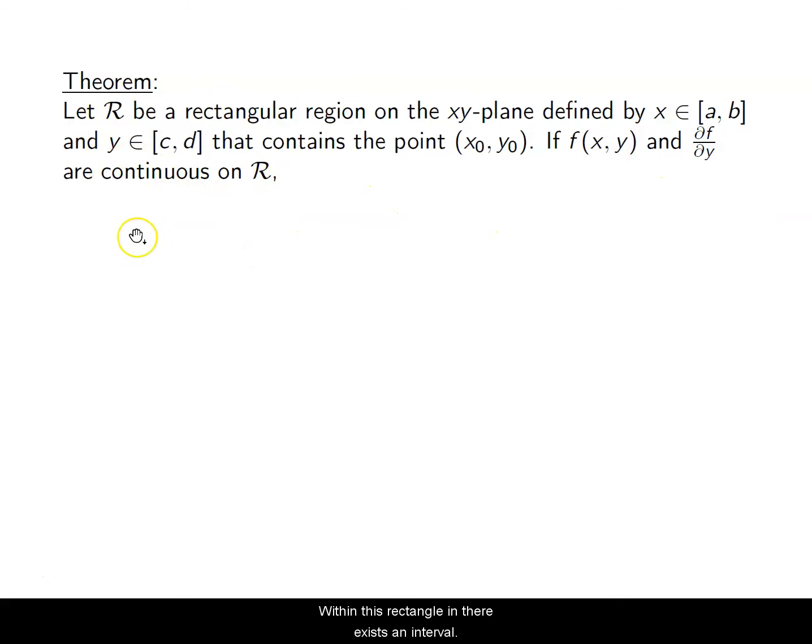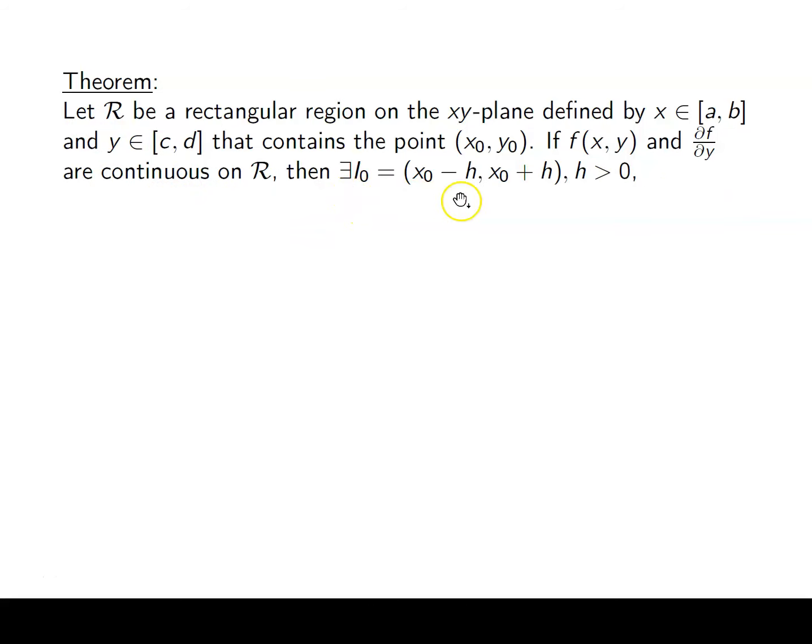within this rectangle, okay? And there exists an interval which starts a little bit before x naught, a distance of h away, and it ends a little bit further than x naught. We call this the neighborhood of x naught. It's a little bit before, a little bit above, very similar to the sigma delta notation that you would talk about in terms of limits, right?